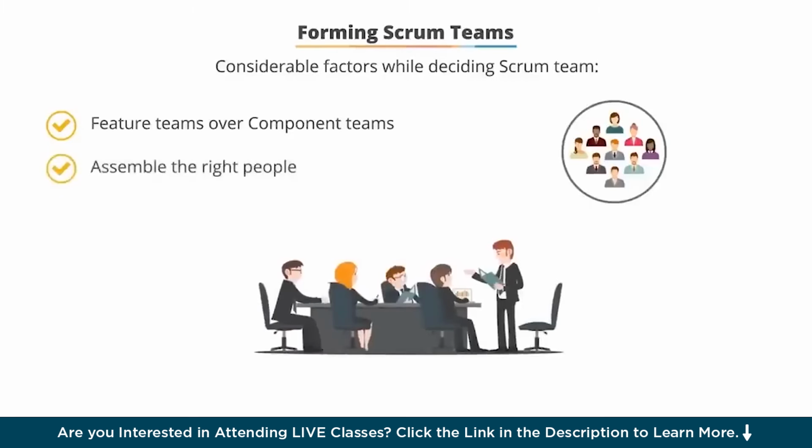Assemble the right people. It's important to get the right mix of people together for the team, the right level of technical and domain expertise. Teams will naturally have both senior and junior level developers. This works perfectly as there will be stuff that is more appropriate for the junior developers and stuff that is not. Also, one of the risks of a small team is that the team may miss out on broader perspective and dissenting views.